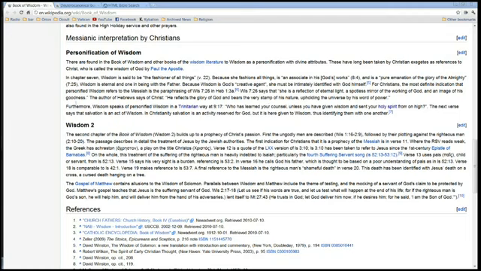It says, furthermore, wisdom speaks of personified wisdom in a trinitarium. Who has learned your counsel unless you have given wisdom and sent your Holy Spirit from on high? The next verse says the salvation is an act of wisdom. In Christianity, salvation is an activity reserved for God. But it is here given to wisdom, thus identifying them with one another.